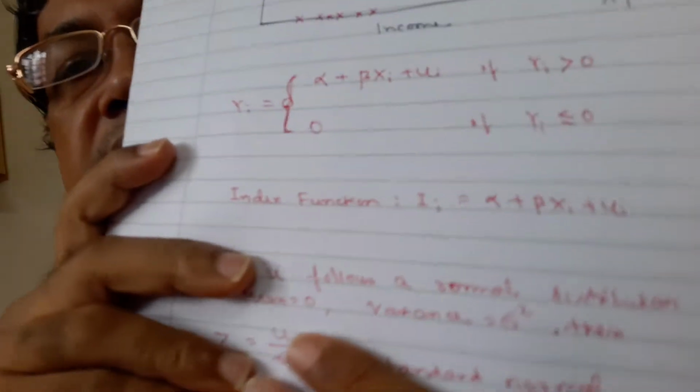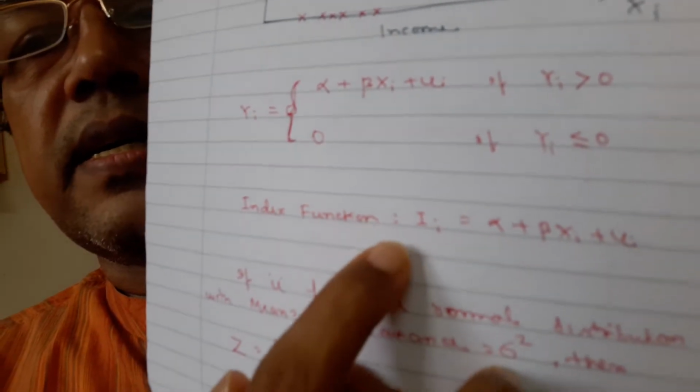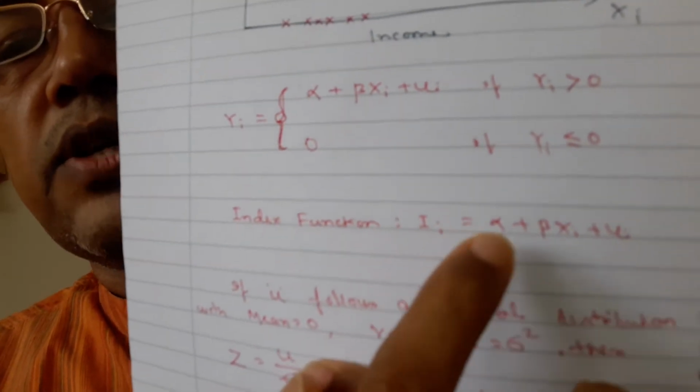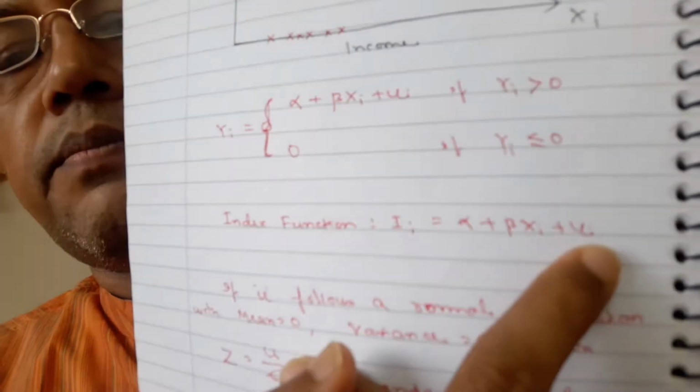Then, assuming there is a latent index Ii here, which is a function of income, I'm taking just one variable for easy explanation. So I assume this is a function of xi, which is income. So Ii is equal to alpha plus beta xi plus ui.